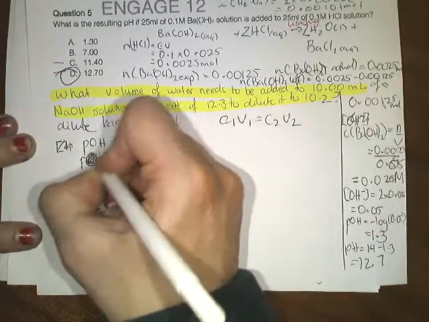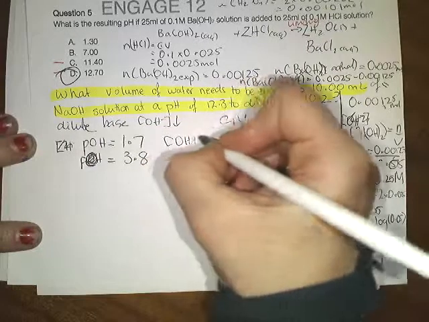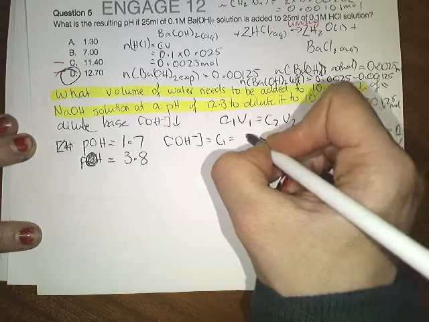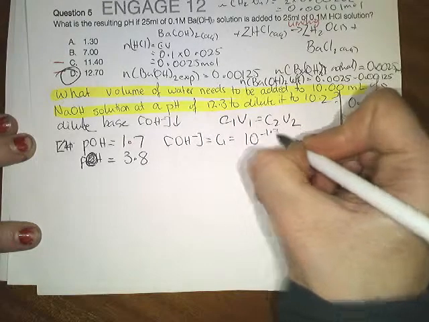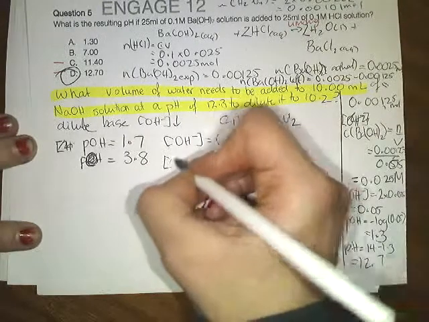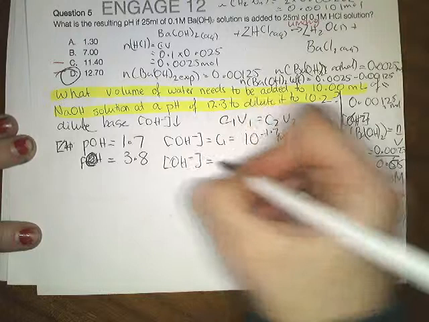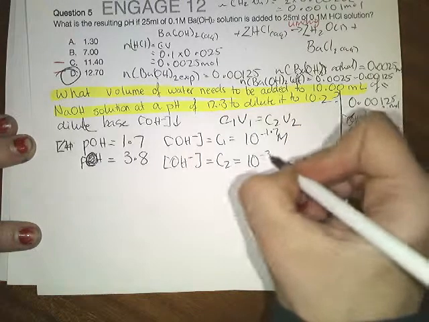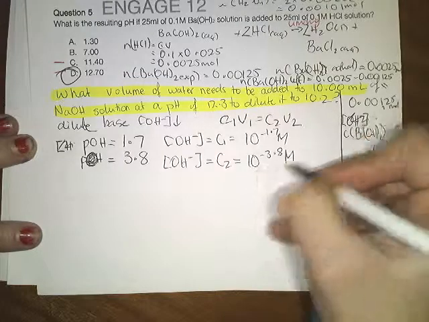That means the concentration of hydroxide, C1, equals 10 to the negative 1.7. Concentration of hydroxide, C2, equals 10 to the negative 3.8 molar.